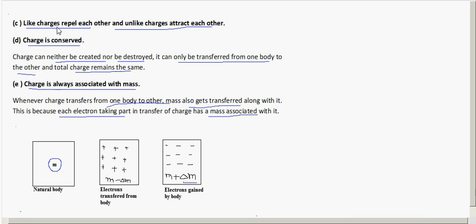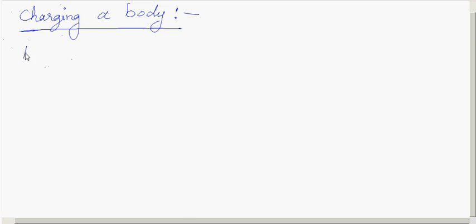For example, consider a neutral body which has a mass of m. Let some number of electrons be transferred from this body. When a body loses electrons, it becomes positively charged. The new mass of this system will become m minus delta m, so it has lost some electrons and hence its mass has reduced. Delta m is the mass of the electrons transferred from this body.